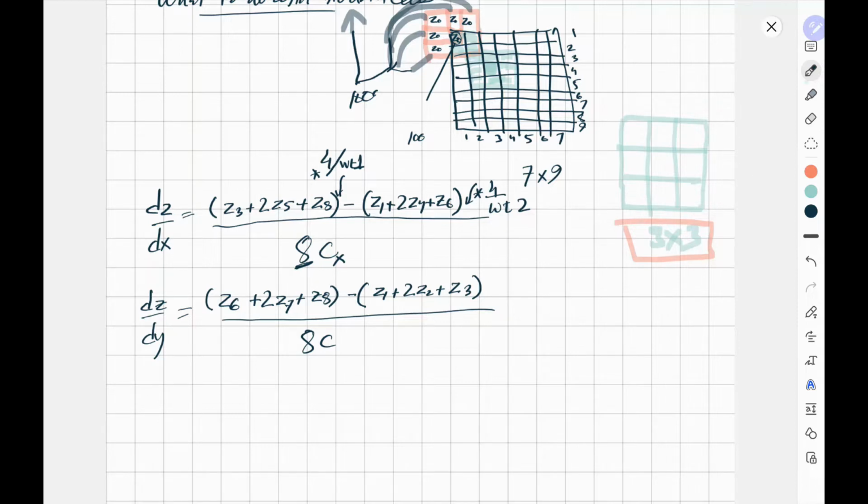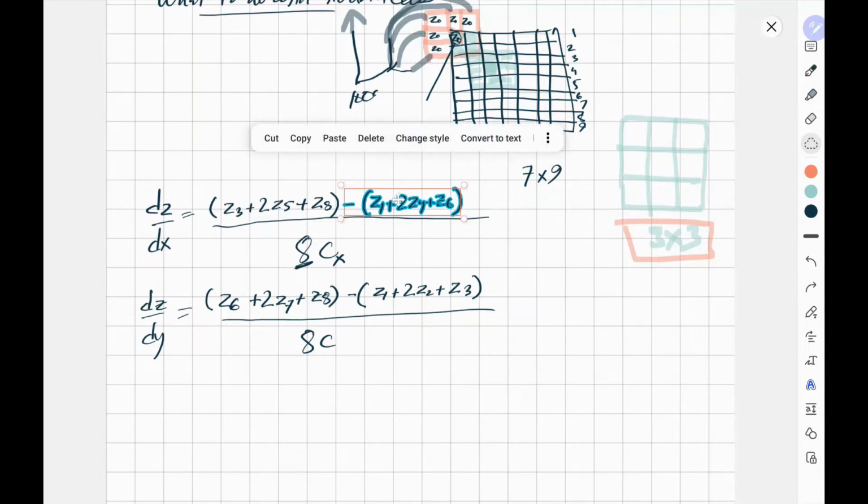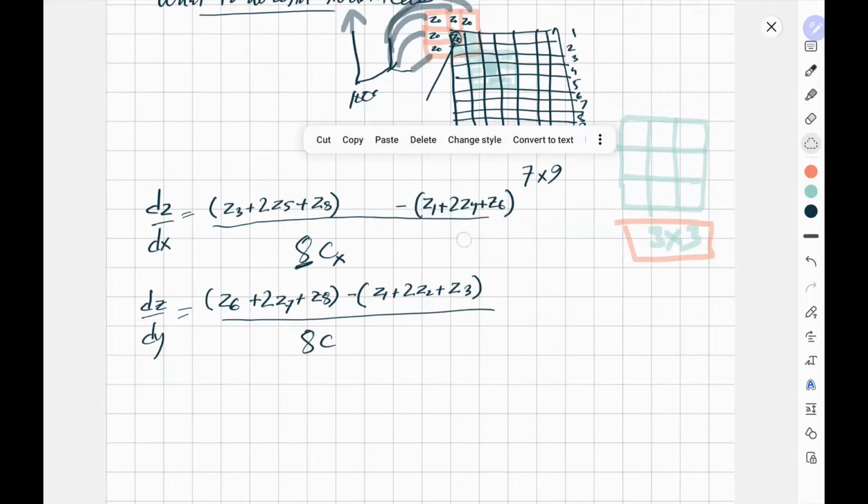let me try to write it properly. So how I can write properly is that I will cut this out and I will relocate it like this.